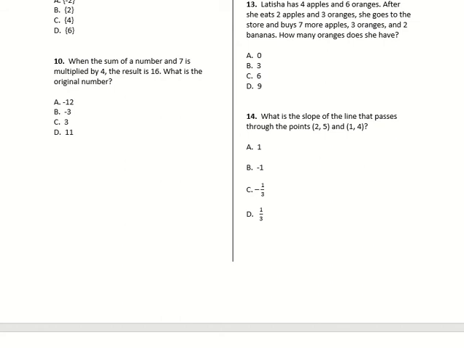What is the slope of the line that passes through the points 2, 5, and 1, 4? A, 1, B, negative 1, C, negative 1/3, D, 1/3.